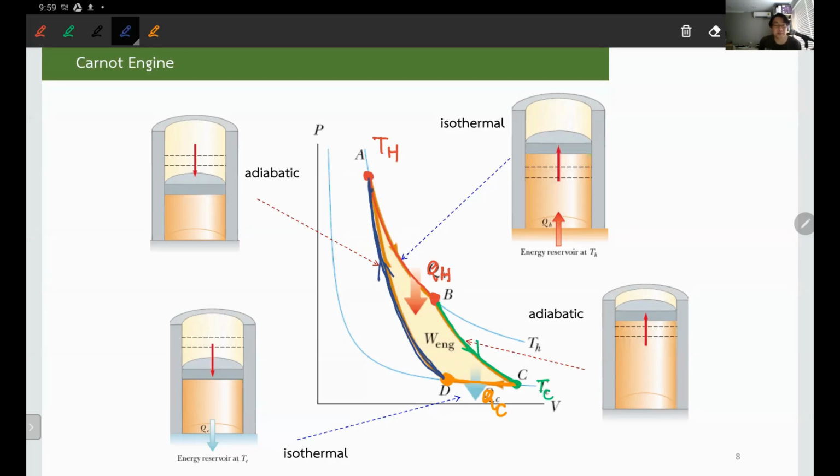That's it, guys. As you can see, now I have this cycle of 2 isothermal processes and 2 adiabatic processes. Once I combine these 4 processes into a cycle, this is the Carnot cycle, representing a Carnot engine. Very cool.